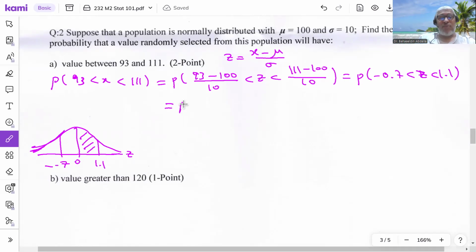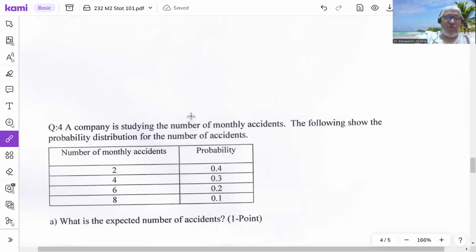So I can write this probability from 0 to 1.1 plus the probability from 0 to -0.7. But there is no negative in the table. But the probability from 0 to -0.7 is equal to the probability from 0 to 0.7 because of symmetry.